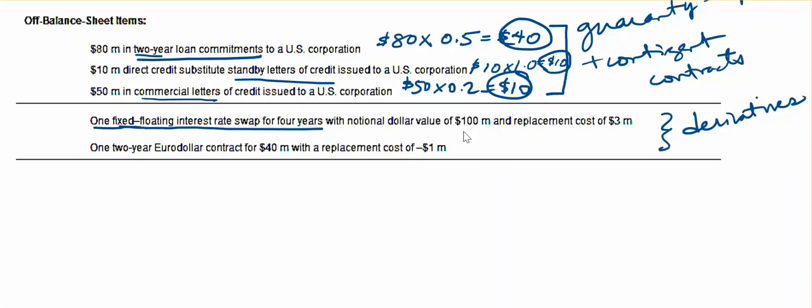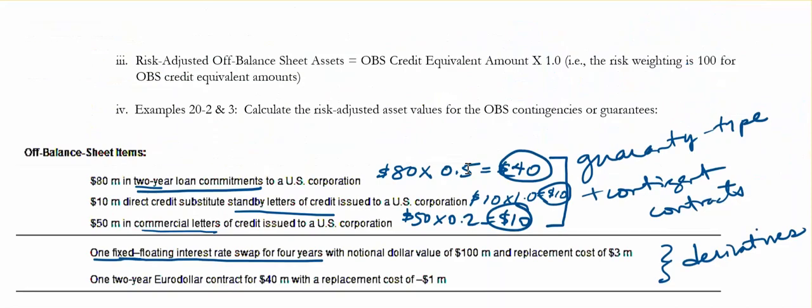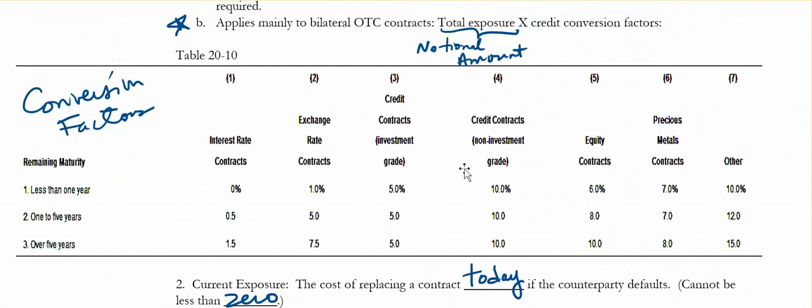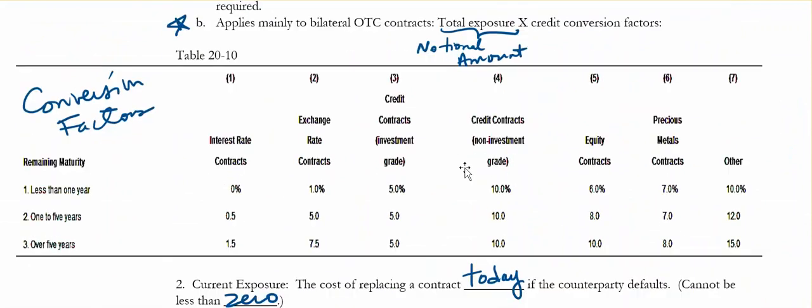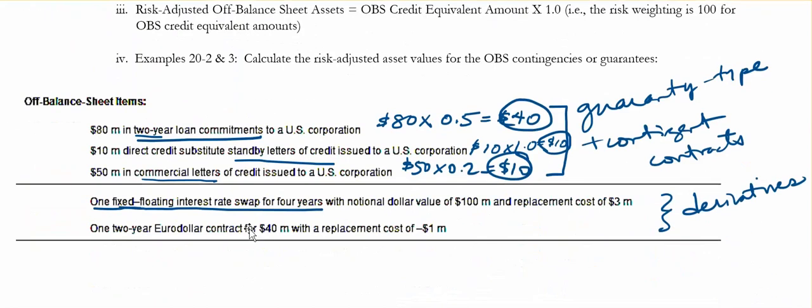Now the notional value is going to be used for calculating the potential value, the potential exposure. So we had an interest rate contract here, and we're going to use the factor for 1 to 5 years because it was a 4-year contract. And notice that these are all in percent, so 0.5%.